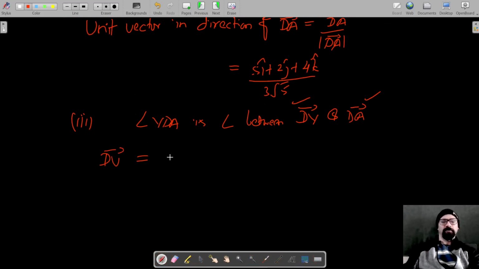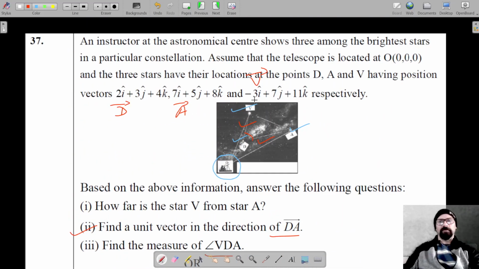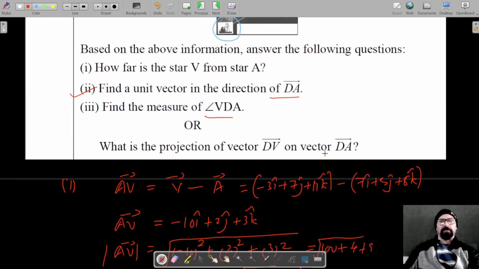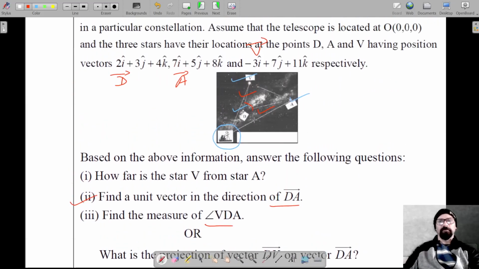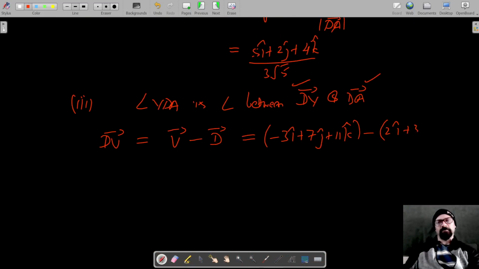So DV vector is equal to position vector of V minus position vector of D. Now position vector of V is minus 3, 7, and 11, so this is minus 3i cap plus 7j cap plus 11k cap, minus D. So D vector is 2, 3, 4, so this is 2i cap plus 3j cap plus 4k cap.